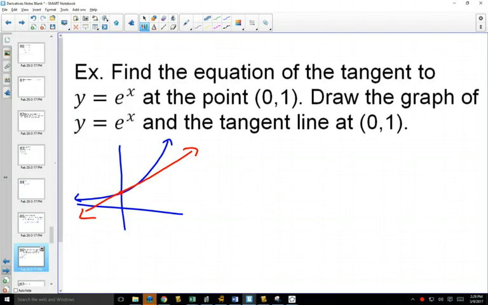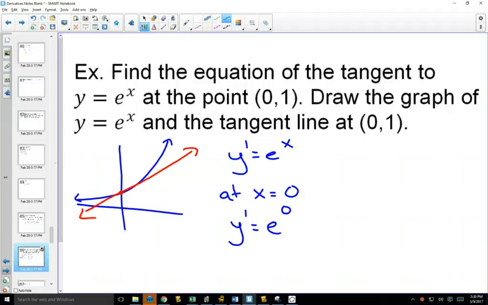So we would do this the same as we found all of our other tangent lines. We find our derivative. Well, our derivative is e to the x. At x equals 0, y prime will be e to the 0. y prime will be 1. That tells us that the slope of this line is equal to 1.